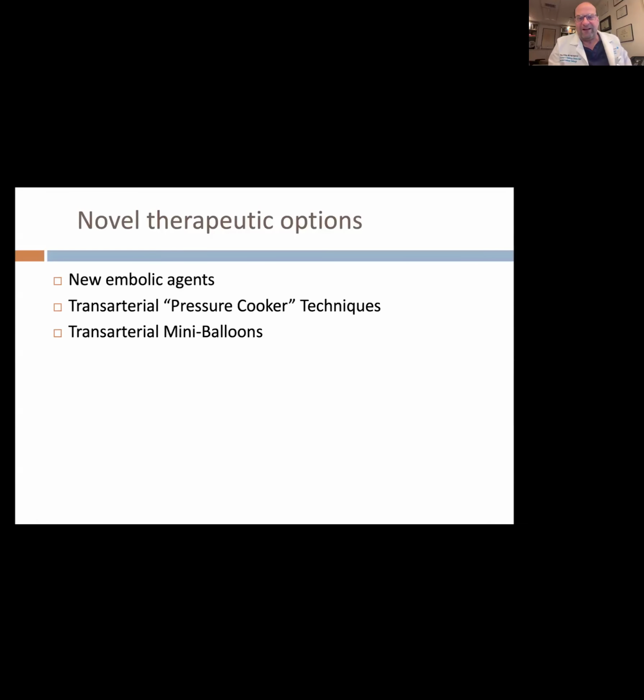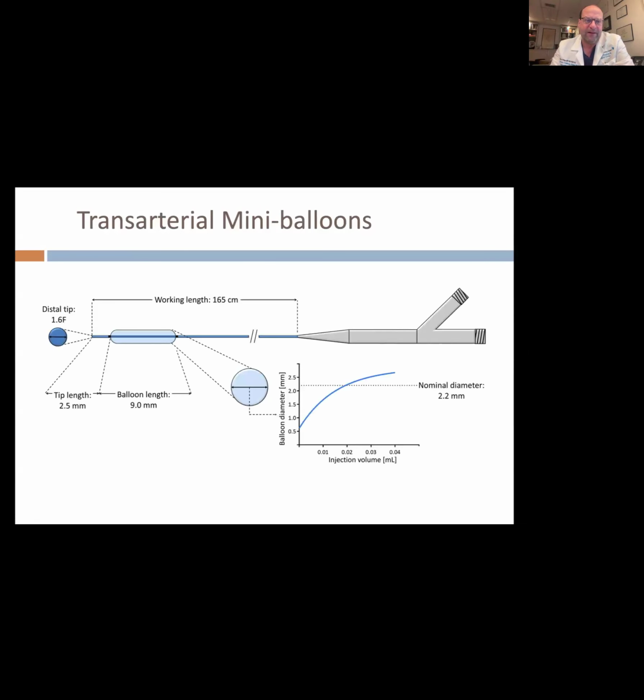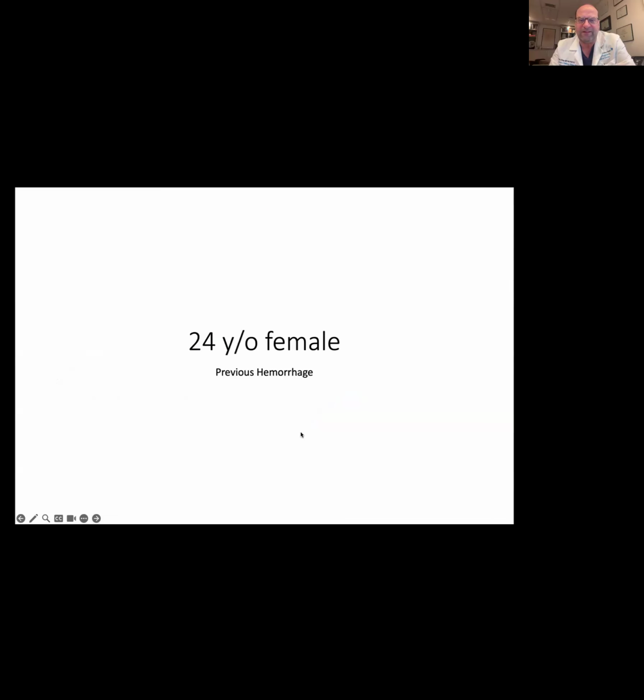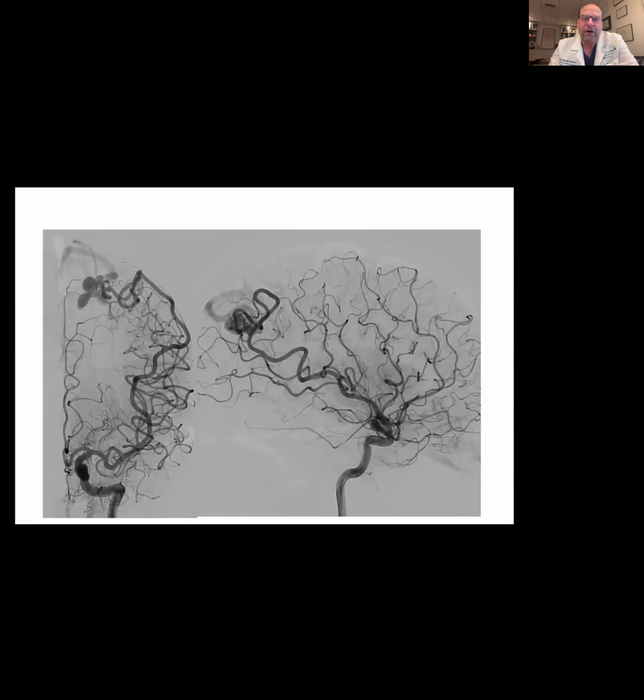Mini balloons are like the latest gadget that we use, and they are really nice. They are extremely small, less than a fraction of a millimeter in size, and they allow us to go into these very far distal vessels. In this case here, you see there's a vessel coming off that is going to normal brain parenchyma here.